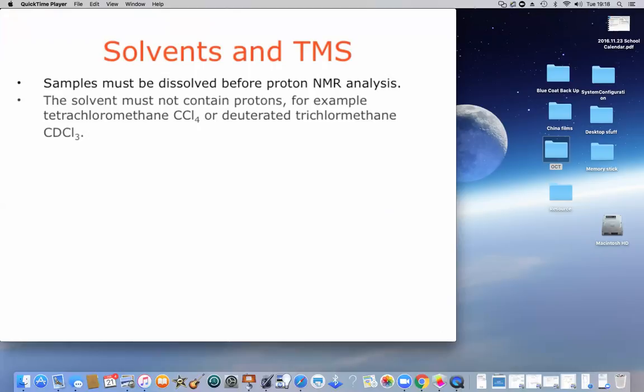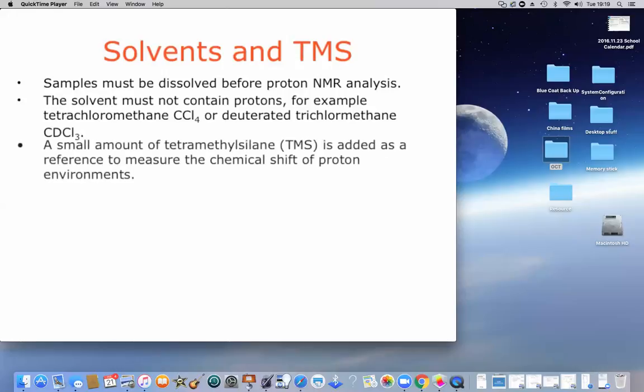Deuterated water, D2O, or heavy water is sometimes used if you need a good polar solvent, so you're using something that will dissolve very well in water. As long as it doesn't contain hydrogen H1, and it's a good solvent and it will dissolve your sample, then it should work. Of course, you want to be sure it won't actually react with your sample as well.